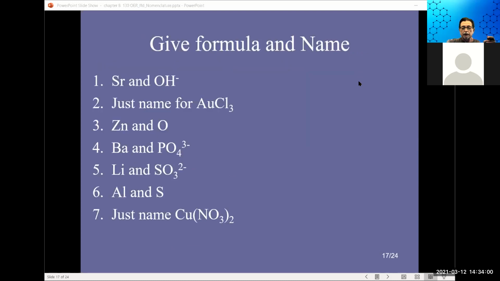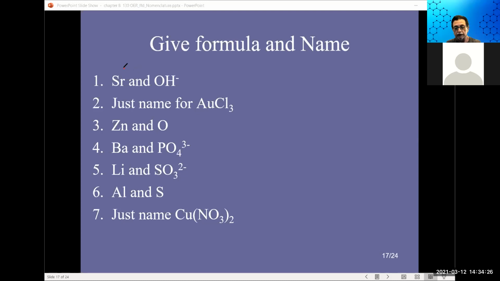All right, in this case here, let's work through it real quick, okay? First things first. We have strontium and we have the hydroxide. The hydroxide is a polyatomic ion. You look that up. Sr is in group 2.